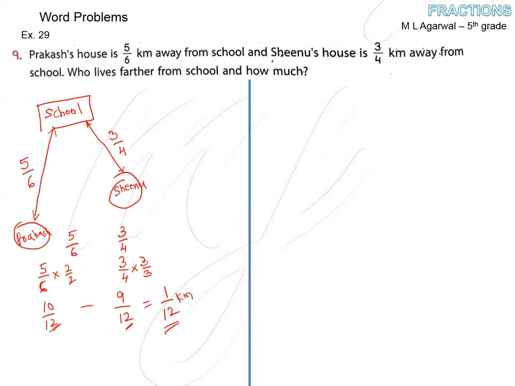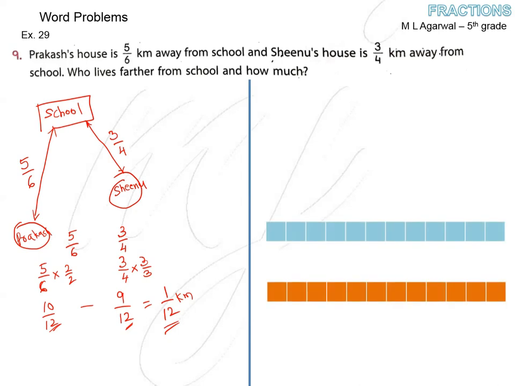Okay, so here we have again two fractions. So let us first make 5/6 and 3/4. Let us convert them, which we have done here, to like fractions. So this will become 10/12 and this will become 9/12. Both are like fractions now.